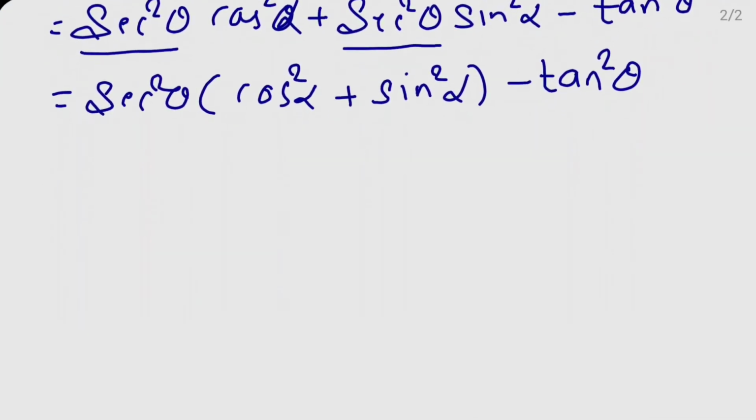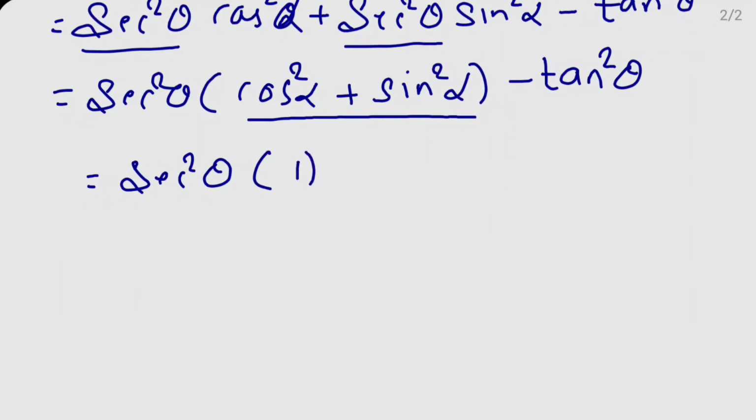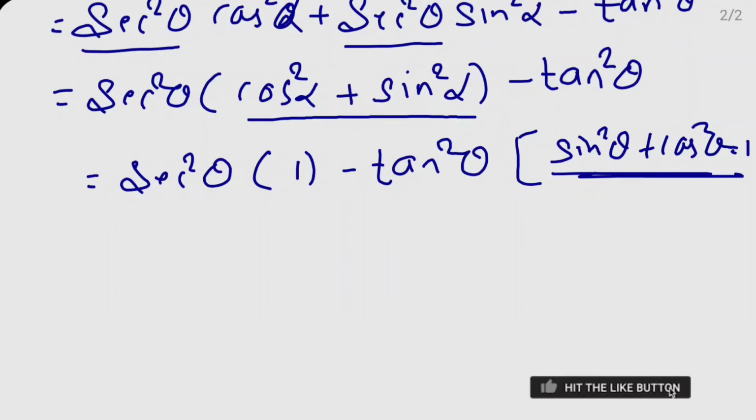And now sec square theta as it is, cos square alpha plus sin square alpha is 1 using the identity, right? And minus tan square theta. Write down here, sin square theta plus cos square theta equals 1. So using this one, here is a 1.